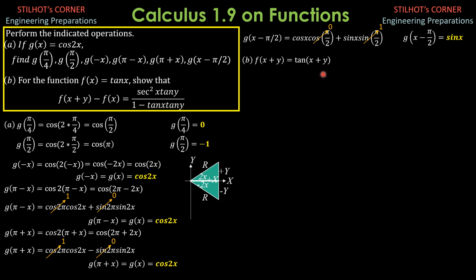And for those who cannot recall the formula for tangent of alpha plus beta, which is tangent alpha plus tangent beta over 1 minus tangent alpha tangent beta, I suggest that you write this first into sine quantity x plus y over cosine quantity x plus y.